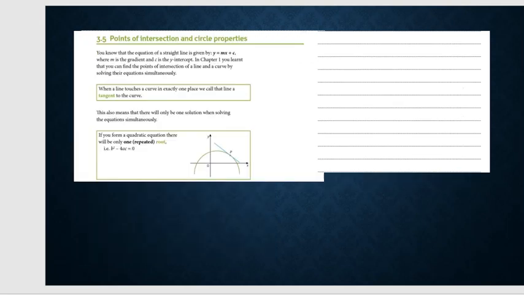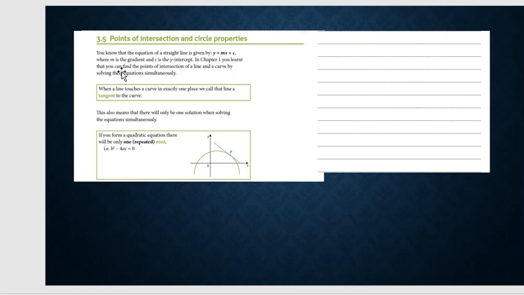So now we are in 3.5, point of intersection and circle properties. Conceptual understanding. What do you know from year 11 IGCSE?